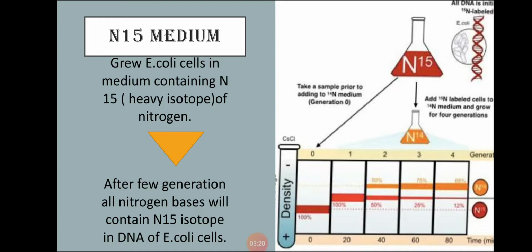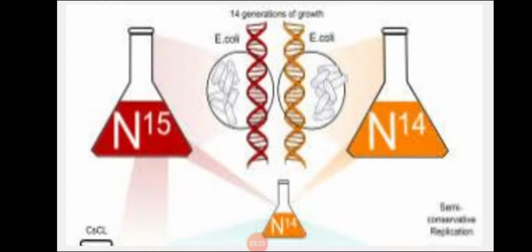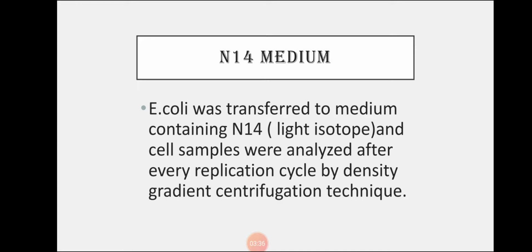Then after some time, the E. coli bacteria from the N15 medium were transferred to the N14 medium. After the transfer, E. coli was in a medium containing N14, the light isotope, and the cell samples were analyzed after each replication cycle by density gradient centrifugation technique. The replication cycle, as I told you, consists of 20 minutes.